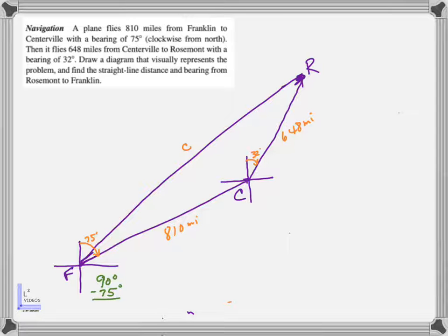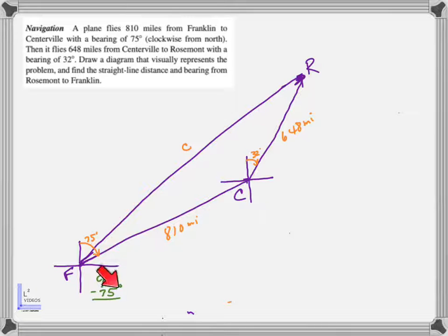That's all we need to do so far. The first leg was 810 miles. The second leg is 648 miles. Those are labeled. We are going to want to find C because that would give us the straight line distance from Rosemont to Franklin. So that's the setup so far.